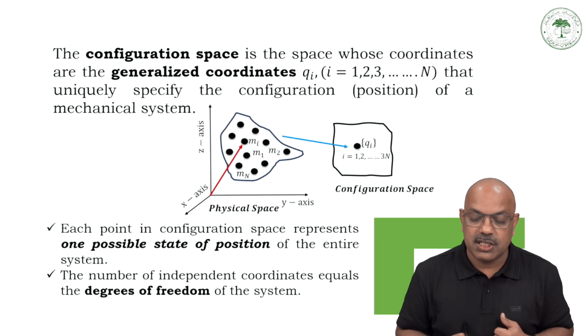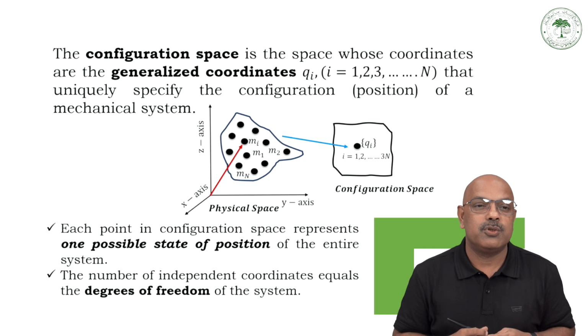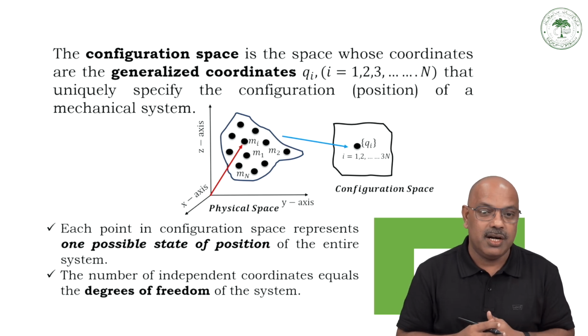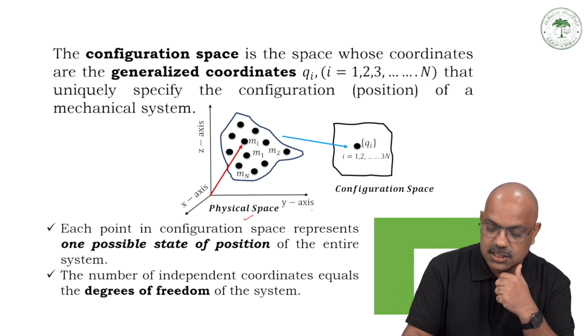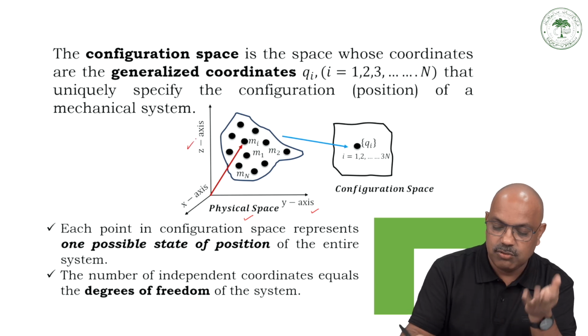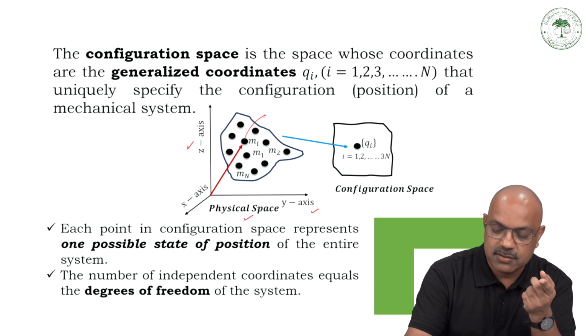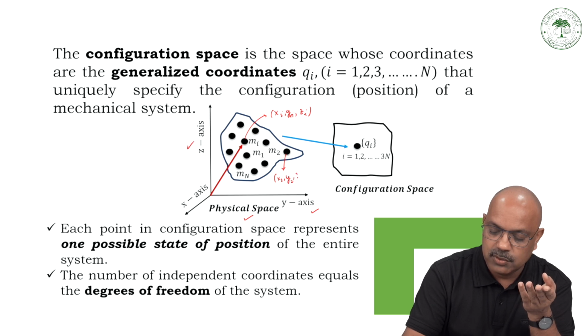So the configuration space is the space whose coordinates are the generalized coordinates. In physical space, your coordinates are the x, y, and z axes. You define the coordinates of this particle with, say, x1, y1, and z1, or this particle m2 by x2, y2, and z2.